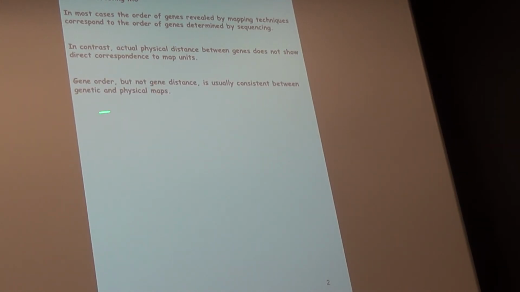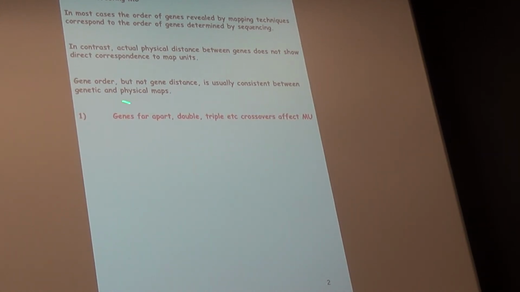Gene order but not gene distance is consistent between the genetic maps and the physical maps. Recombination maps are called genetic maps because they look at genetic recombination rates as a predictor of distance between genes. One of the reasons we've already covered in the class is that genes that are very far apart will undergo double, triple, and quadruple crossovers.